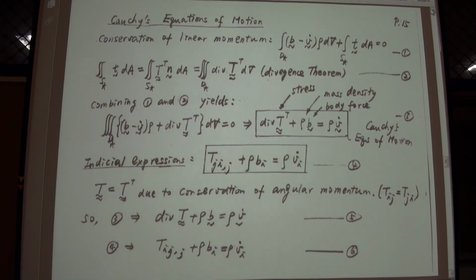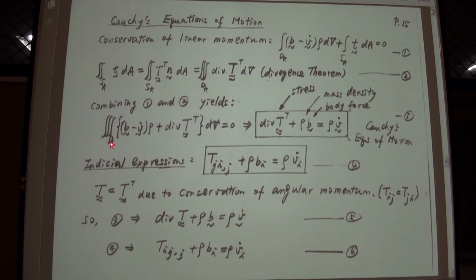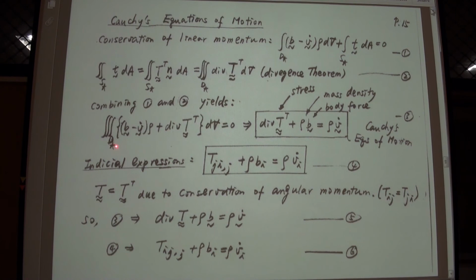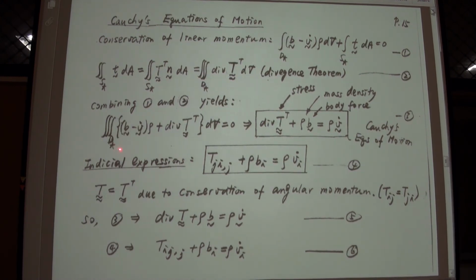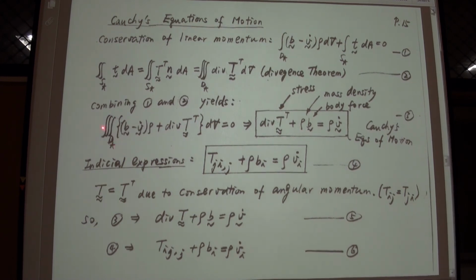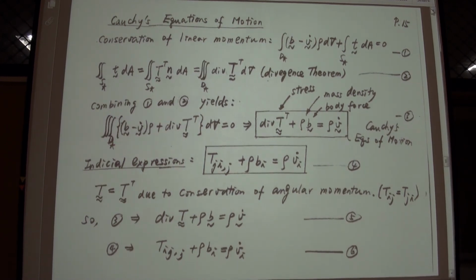And now, the domain of the integration is arbitrary, because in the derivation process, we didn't confine ourselves to any special domain. So the domain here is arbitrary. Let me address this point.